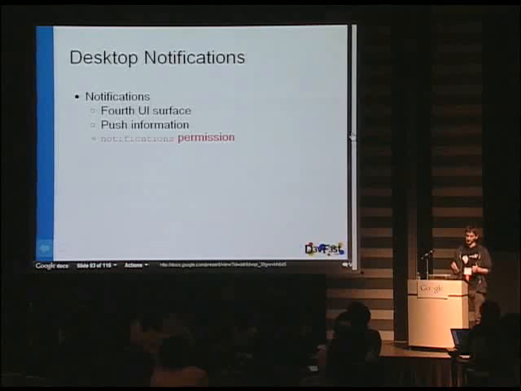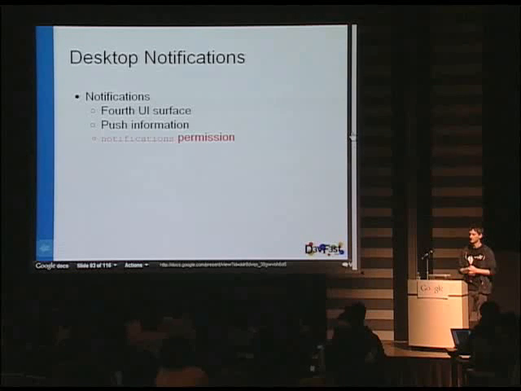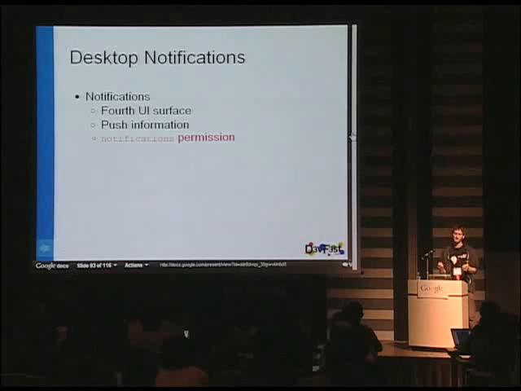In order to implement notifications, and this is the bit of extra work that I mentioned before, you have to add the notifications permission to your manifest file. To be more specific, you don't actually have to do this. You can just use the methods provided by the notifications API, but it's a lot more seamless in an extension when you add this notifications permission, because then you don't have to explicitly ask the user to show them notifications.